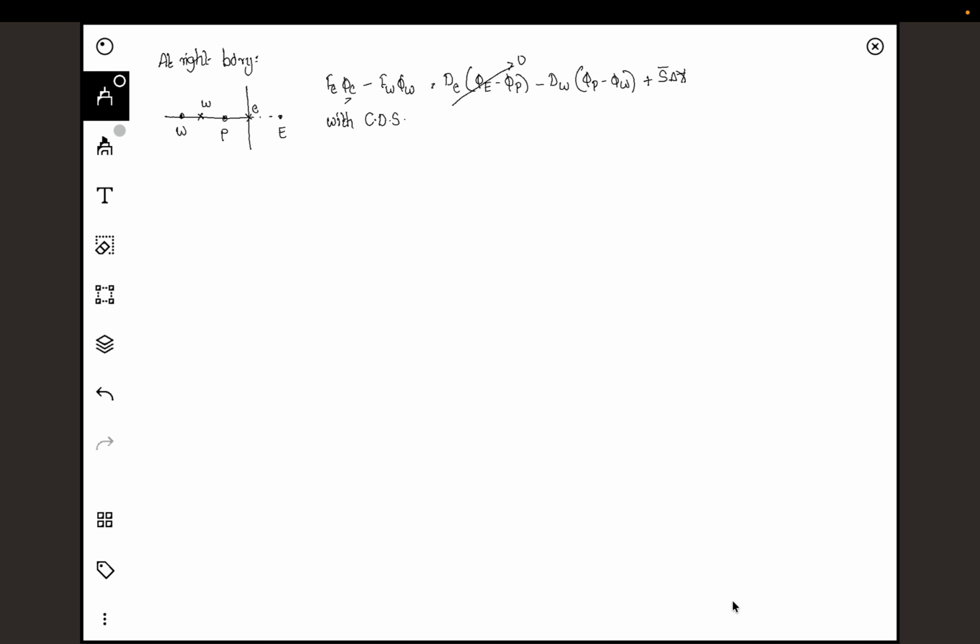So in the central difference scheme, because there is no east cell, all I can do is write phi e as phi P. So now the equation becomes F east times phi P minus F west times phi W minus D west times phi P minus phi W, plus S bar times delta V.